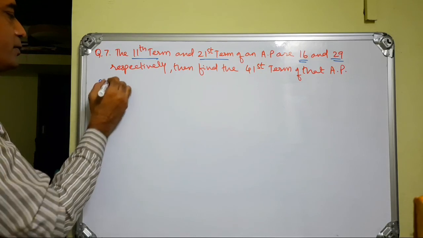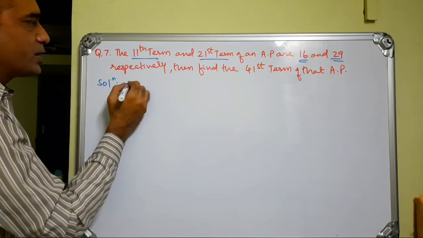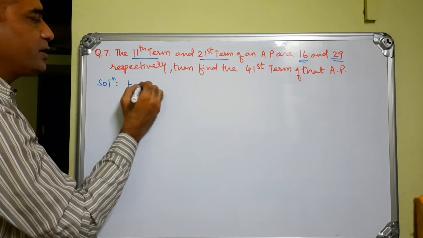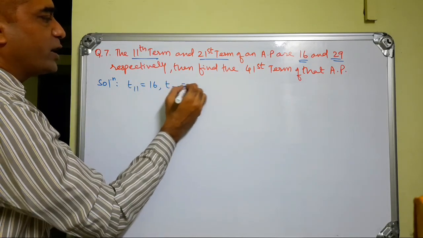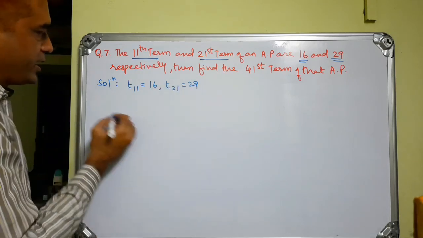Now solution, we will start with the given information. Here T11, the 11th term, is 16 and T21, the 21st term, is 29.